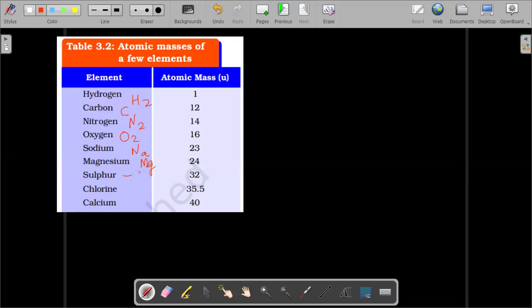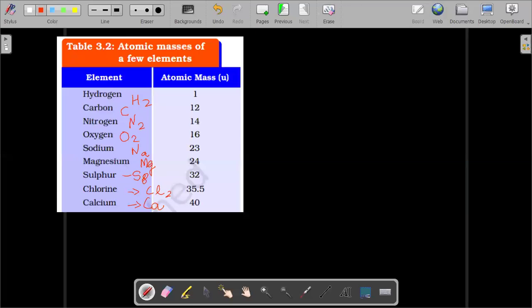Sulfur exists as a group of 8 atoms combined together. Chlorine exists as Cl2. Calcium exists as Ca, a single atom.